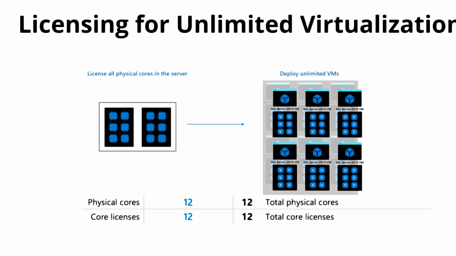But in case you don't have software assurance, you can only apply it on 12 virtual machines. So you can see how software assurance makes all the important difference, and the importance of having it.